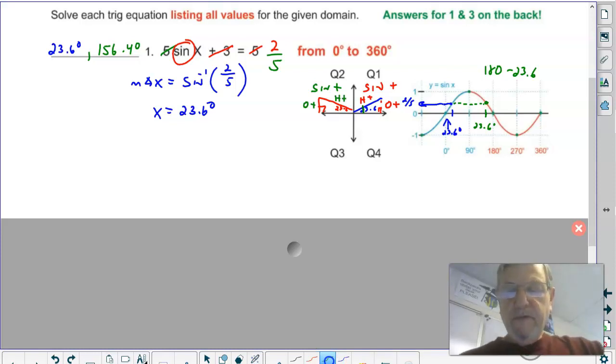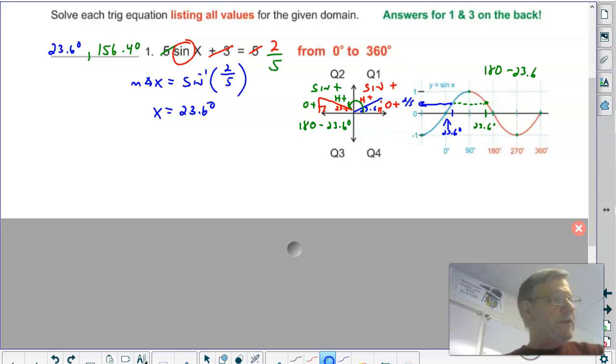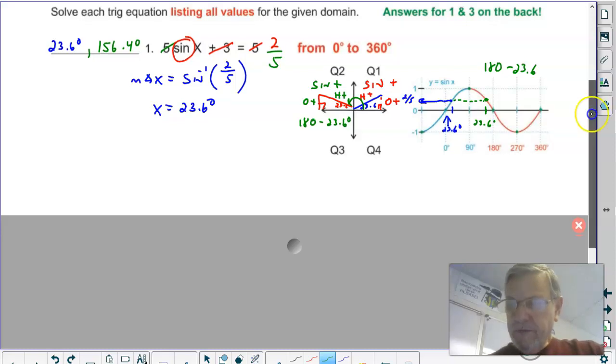So then you have to figure out what this angle is, and that angle is, again, 180 minus the 23.6 degrees. And there are your two angles. That's why the two solutions are 23.6 and 156.4. All right, there's the first one.